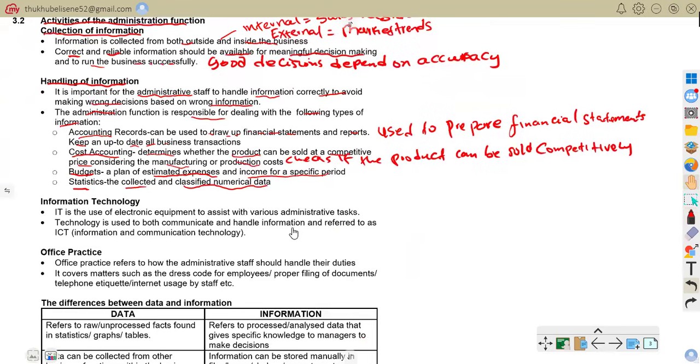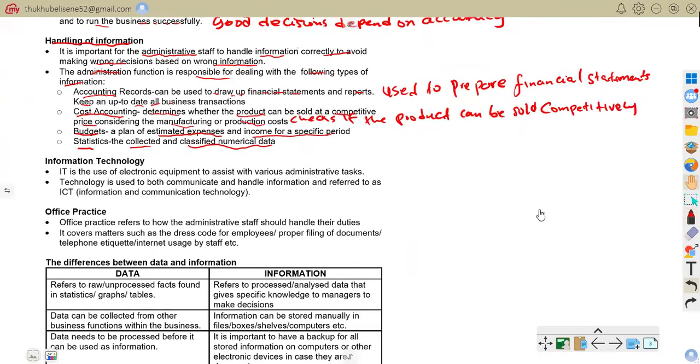Now let us come to information technology. It says IT is the use of electronic equipment to assist with various administrative tasks. So we're talking about computers, printers, email, and scanners.